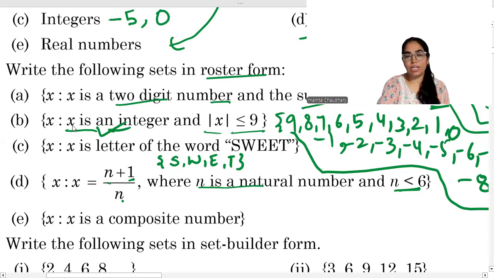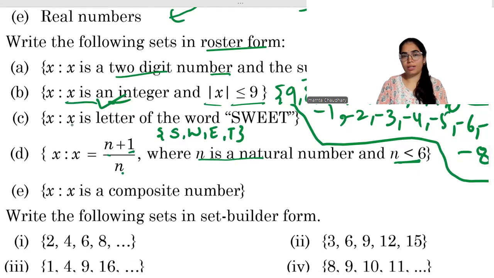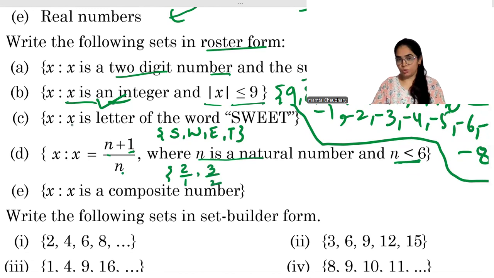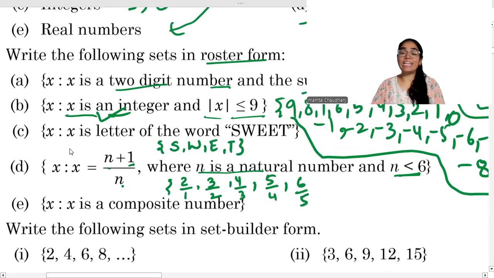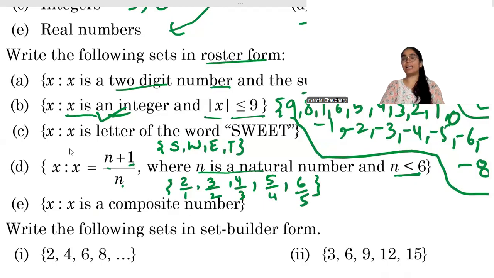If I take n equals 1, 1 plus 1, that is 2 by 1. n equals 2 gives 3 by 2. n equals 3, 3 plus 1, 4 by 3. n equals 4, 5 by 4. n equals 5, 6 by 5. The question says n is less than 6, so we take n till 5 only. These are the elements, or roster form, of this set.